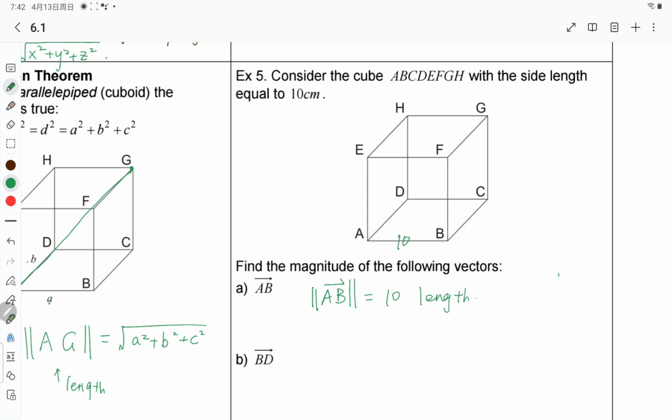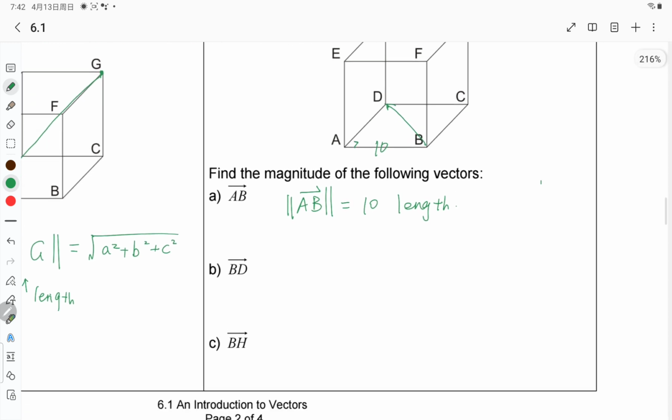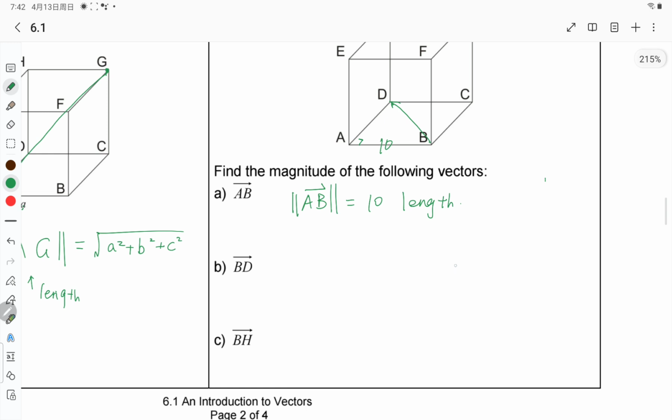And then you see that because it's saying the cube, I'm just going to assume these are right triangles, and then BD, you can draw the bottom side. So BD, I think you might know.